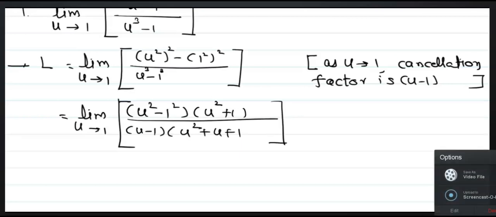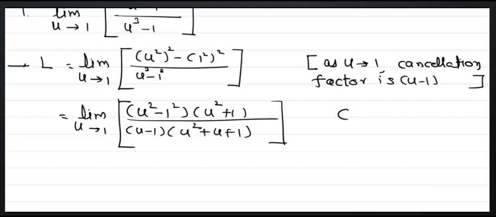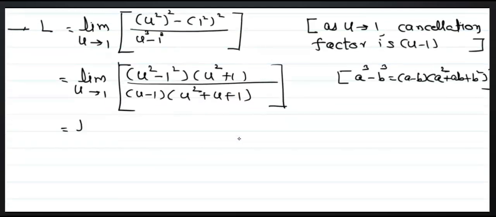This is the first part, u square minus 1 square. What is here? U square minus 1 square, u square plus 1 square, to the denominator, that is u minus 1, u square plus u plus 1, bracket complete. Now see this here. And also I am writing the formula so that you can understand it.